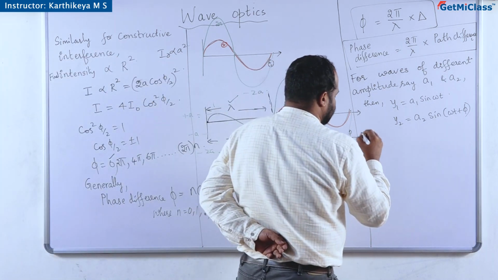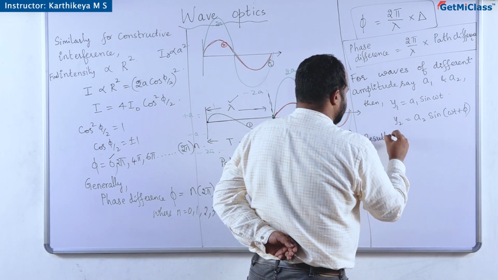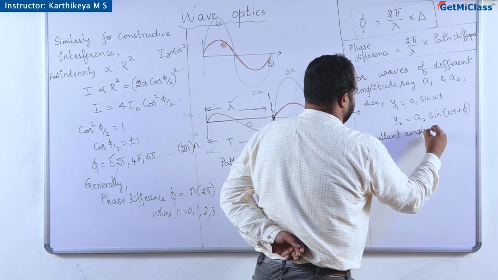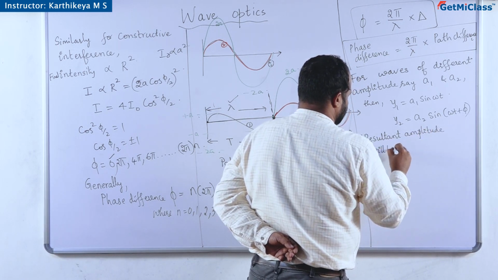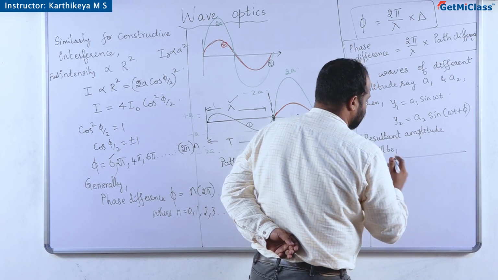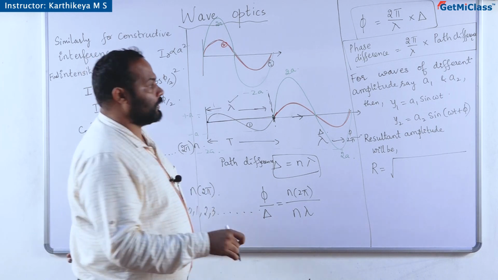So the resultant amplitude R is equal to root of, it is nothing but the vector sum according to the superposition principle.